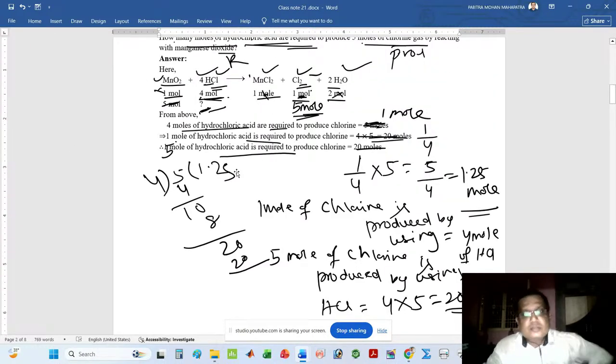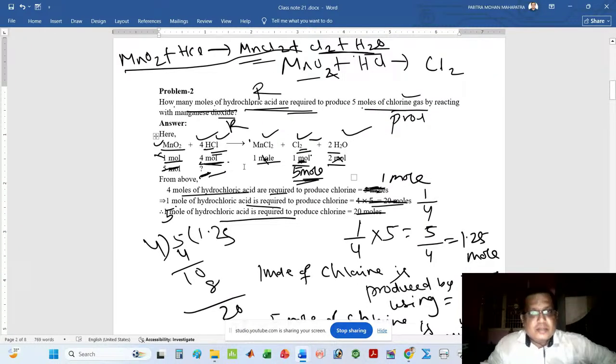Again look at the problem. Here MnO2 plus 4HCl gives MnCl2 plus Cl2. This is wrong. What is the correct answer? I want to again say that 4 mole of HCl are required to produce.